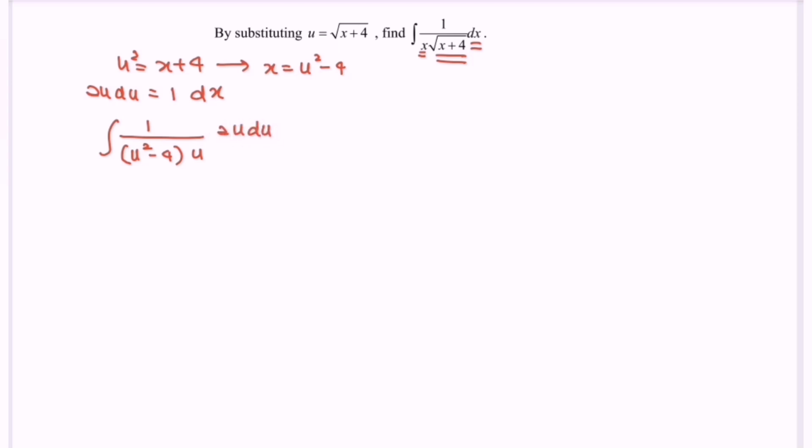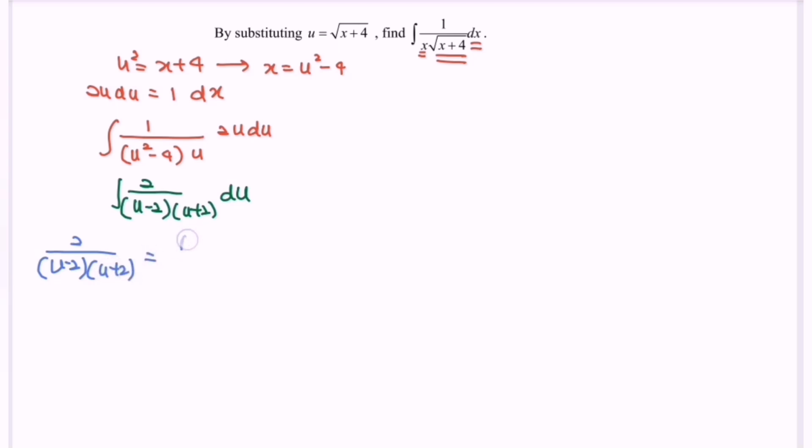Kindly simplify the situation. If we simplify, we have the integral, and we can simplify the situation to become 2 over (u minus 2)(u plus 2) du. So notice that we make use of partial fractions. So kindly focus on this part, where we have 2 over (u minus 2)(u plus 2).